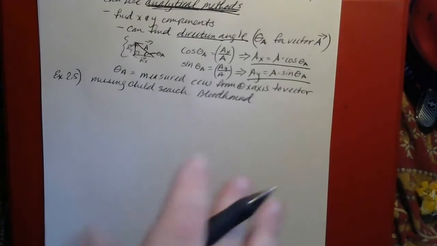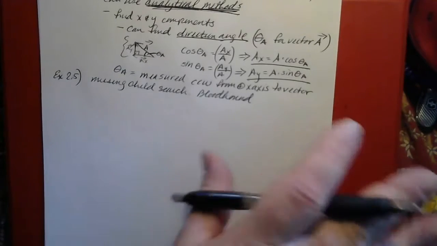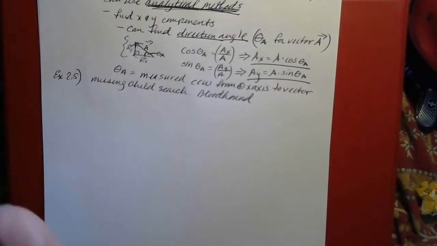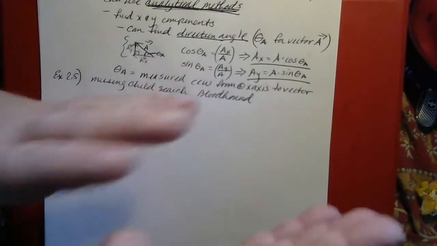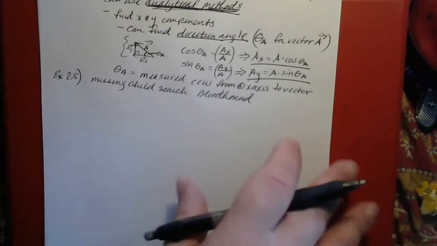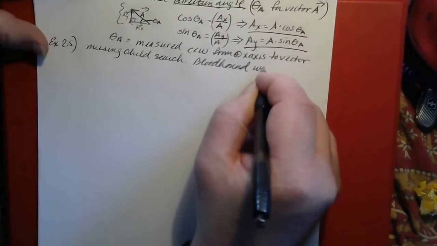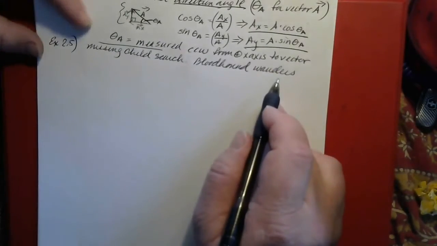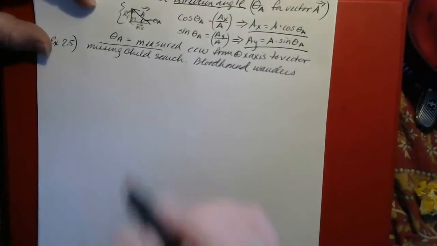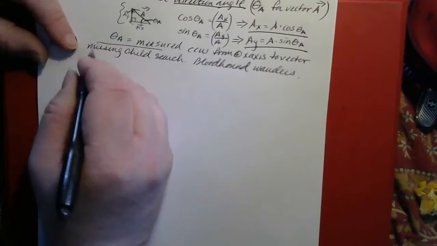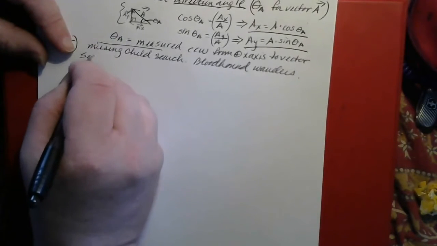So this bloodhound is wandering around on several different trajectories during the course of finding the child. What we're going to do is look at the vectors of those different trajectories and figure them out. So the bloodhound wanders and sniffs and does other stuff, and he's basically doing this in 5 segments.